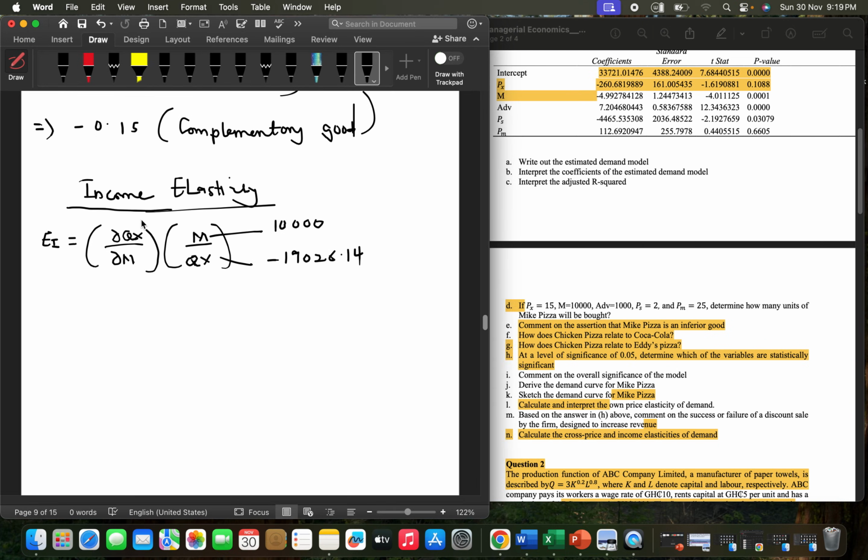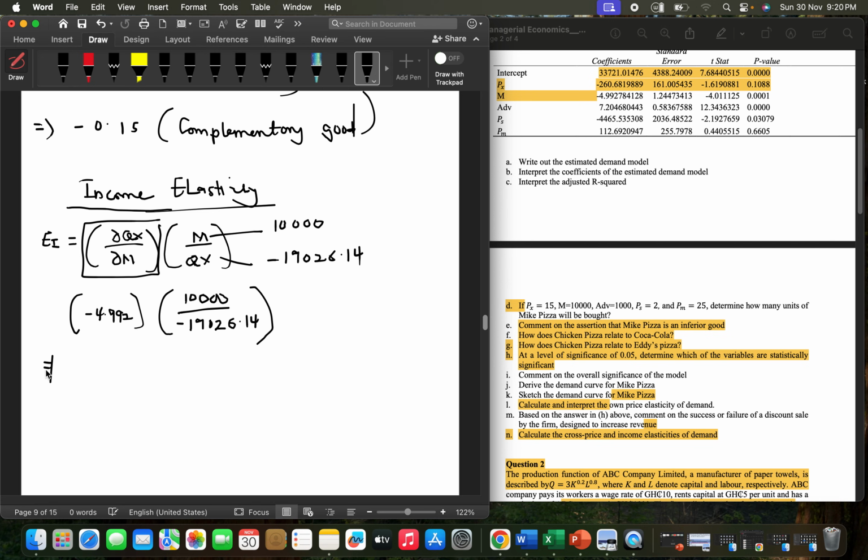This particular side, we pick from the coefficient of M. So you come to the question, this is the M, look at the coefficient, minus 4.992. So the whole of this is minus 4.992 times M, which was 10,000, divided by minus 19026.14.